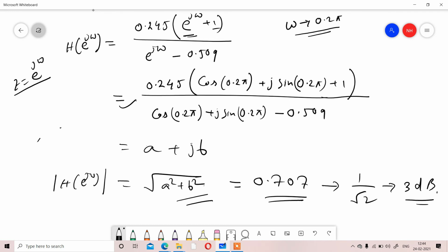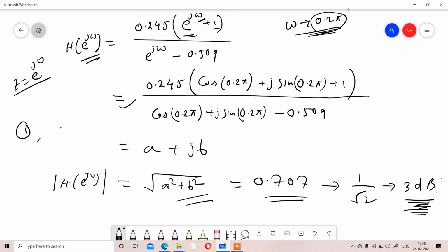That means in the given transfer function, if we consider the frequency 0.2 pi, the magnitude we are getting is 3 dB. That satisfies that the frequency we are representing here in the transfer function is the 3 dB frequency. That means the second condition is also satisfied.